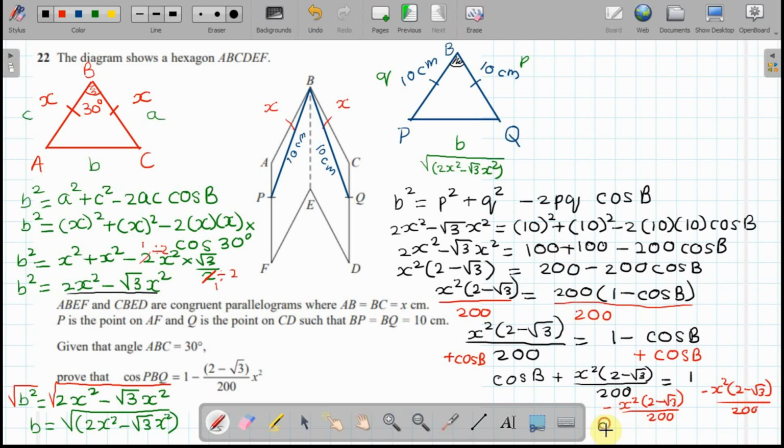That gives me cos b equals 1 minus x squared times 2 minus root 3 over 200.